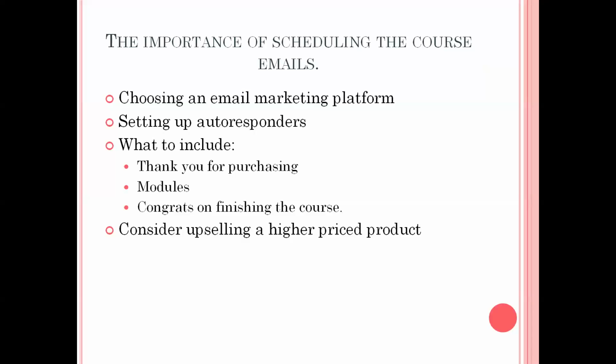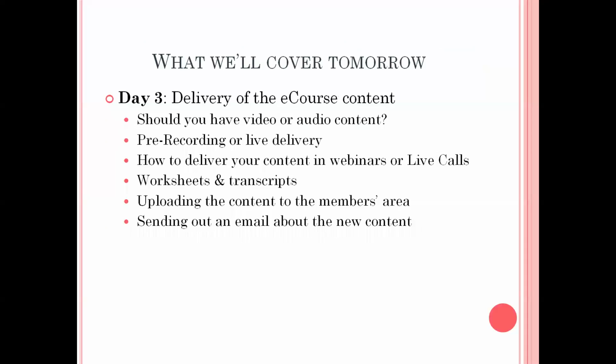Well, a lot messy. So this is a great idea to get people to buy. Someone who already knows you and is familiar with you, they love your content, so they are more inclined to invest more in your other courses. So this is everything regarding scheduling the course emails.